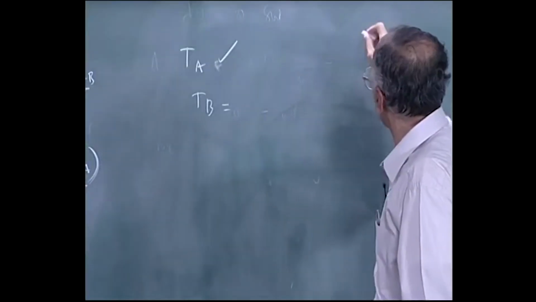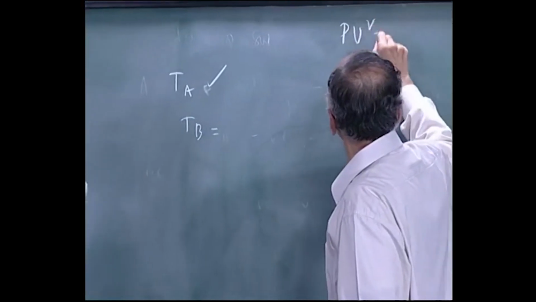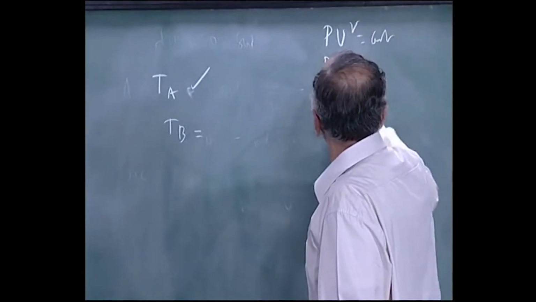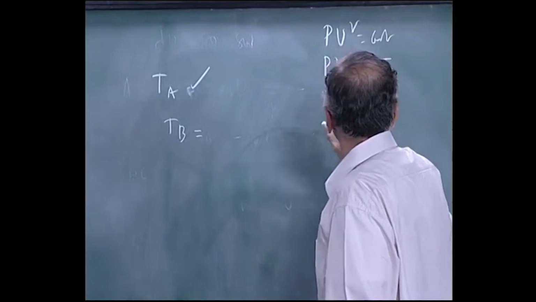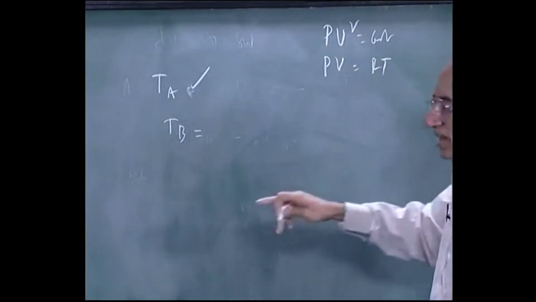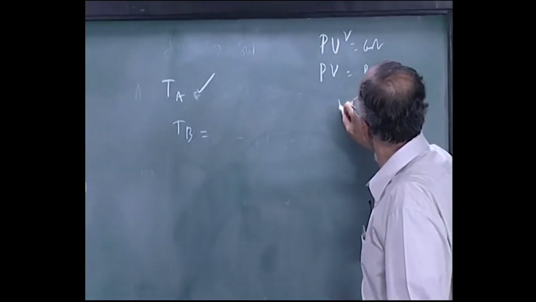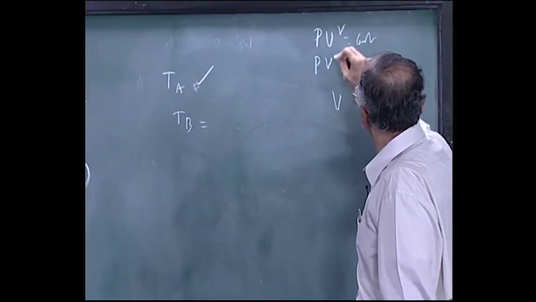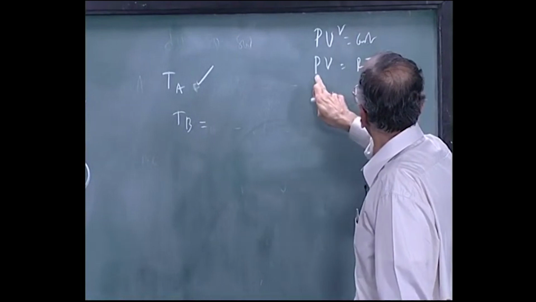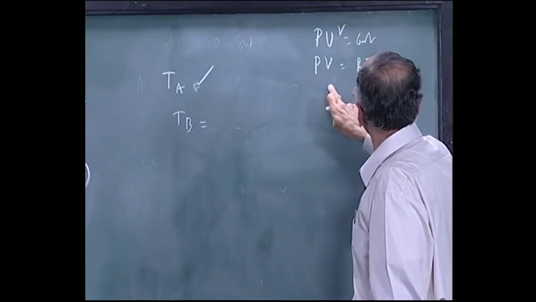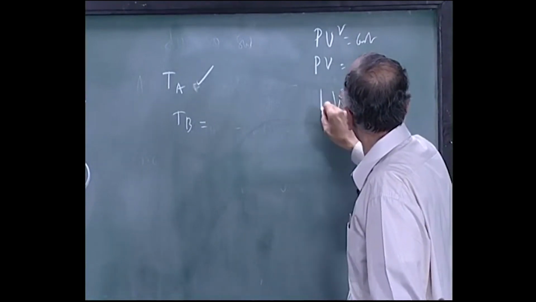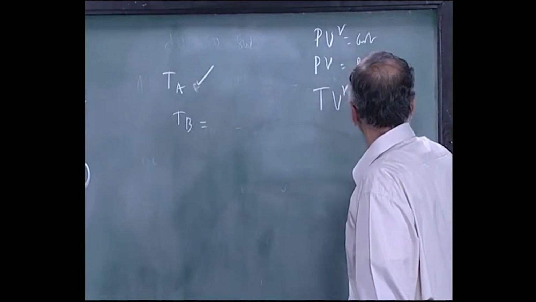what is the formula? It is PV to the gamma is equal to constant, and PV is equal to nRT. N is constant here, the number of moles is constant. So I want the V-T relationship, that is all. So instead of P I write R T by V, so T V to the gamma minus 1 is equal to constant, right.